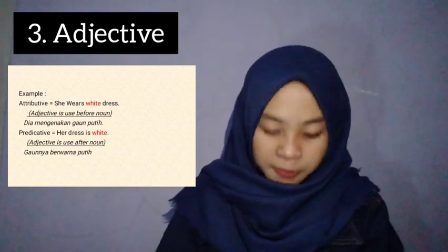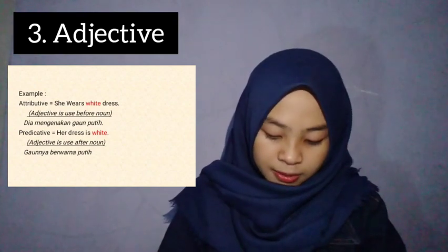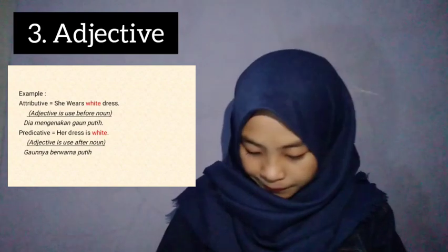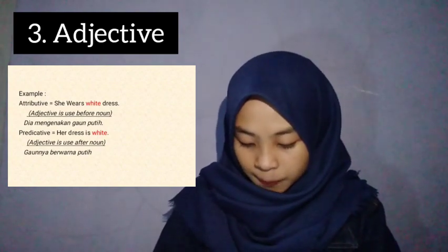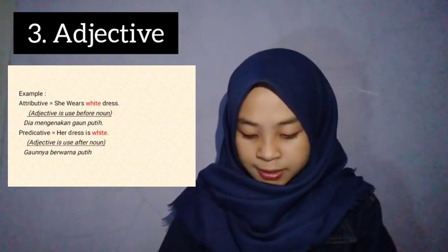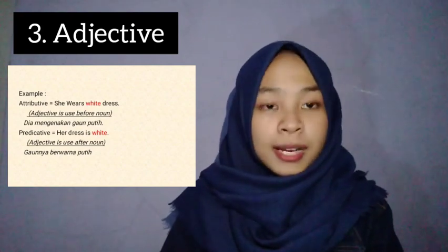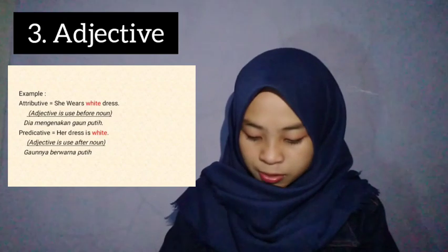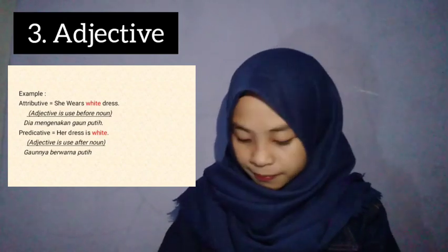White is an adjective and white is used before the noun, so it's attributive. And predicative, example: her dress is white. White is used after the noun, so it's predicative.